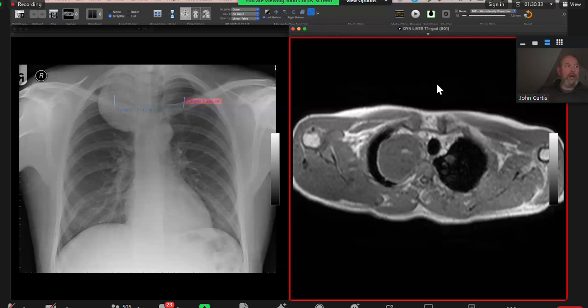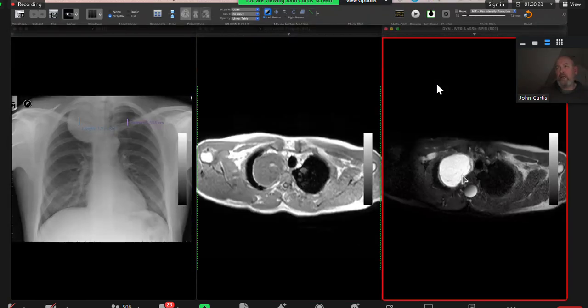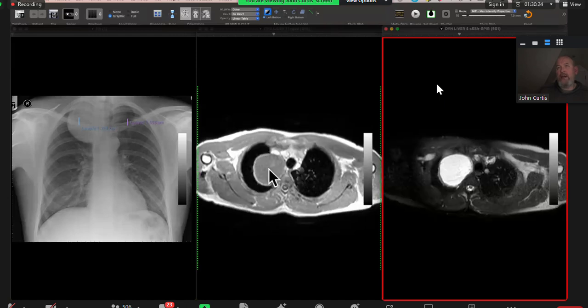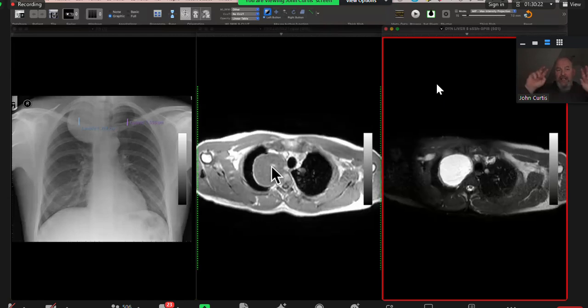So although the lesion looks as if it might be a cyst, the very fact that we've got some enhancement inside that cyst, in inverted commas, means it's cystic solid. If it was a pure cyst, you wouldn't see that enhancement. And that turned out to be a schwannoma. So that was good. You nailed that one very well.